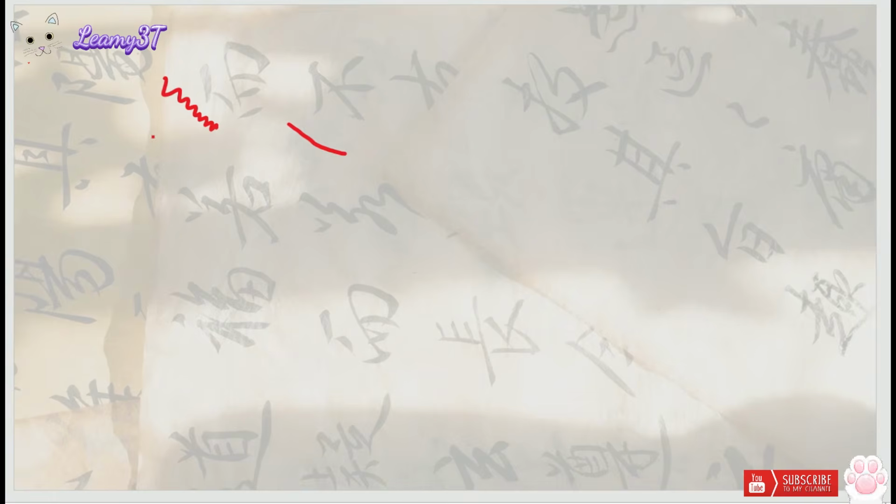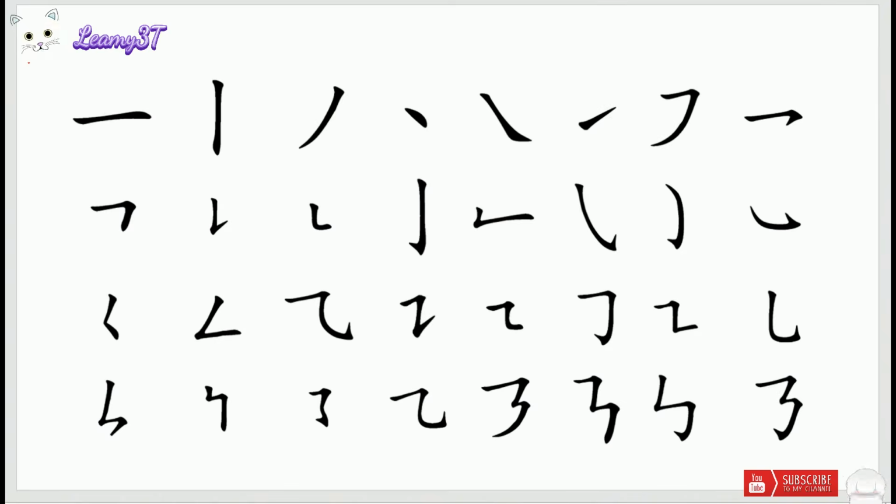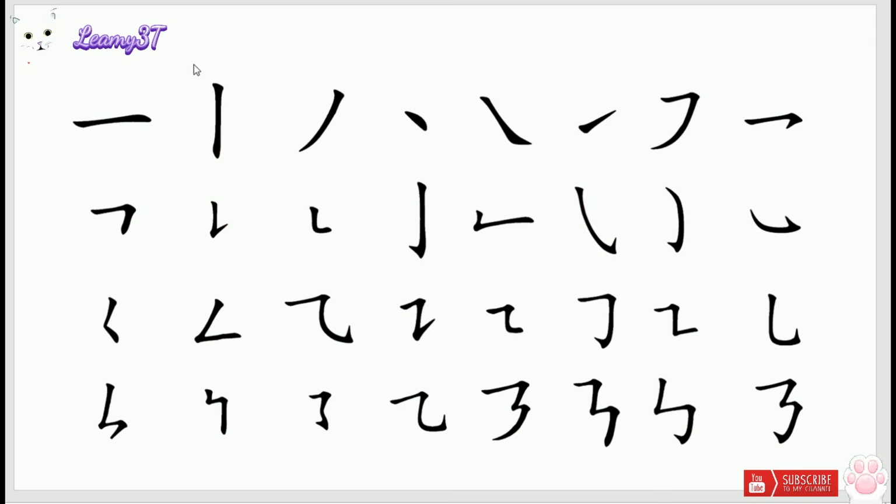So during the process, the path the pen follows can be long or short, straight or curved, but all of them are called 笔画. A stroke refers to when the pen moves continuously from the beginning to the end without lifting, forming a complete line.